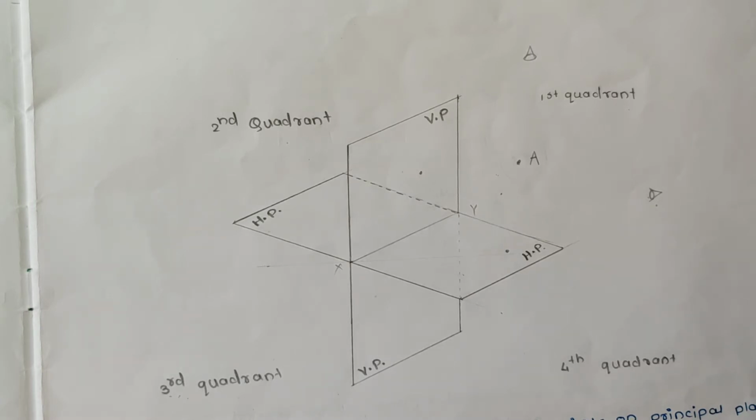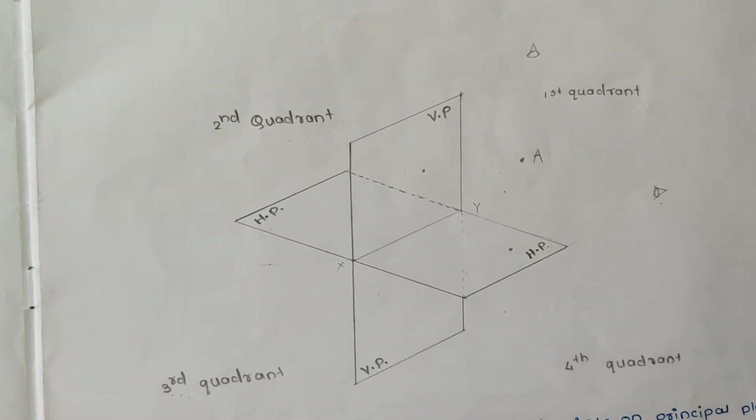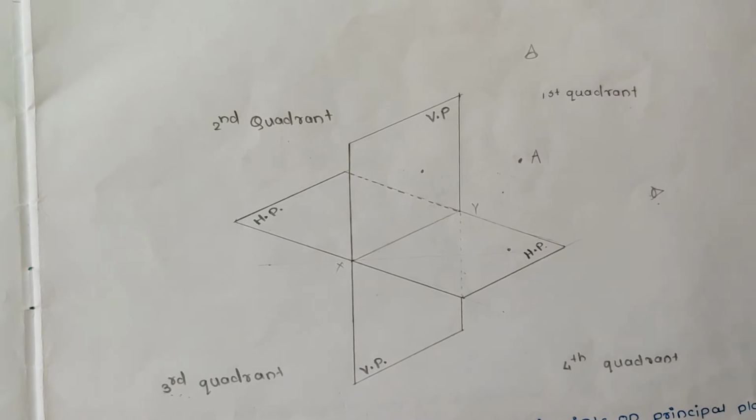It is meant for communicating his or her ideas, thoughts and designs to others. So this is very easy. Again, we can say a drawing drawn by an engineer having engineering knowledge for engineering purpose is an engineering drawing. So this is the basic information about engineering drawing.